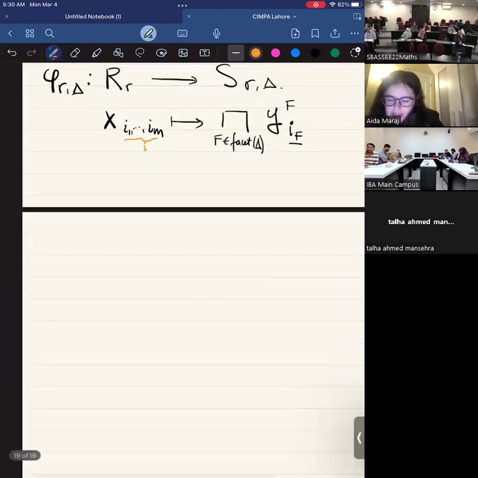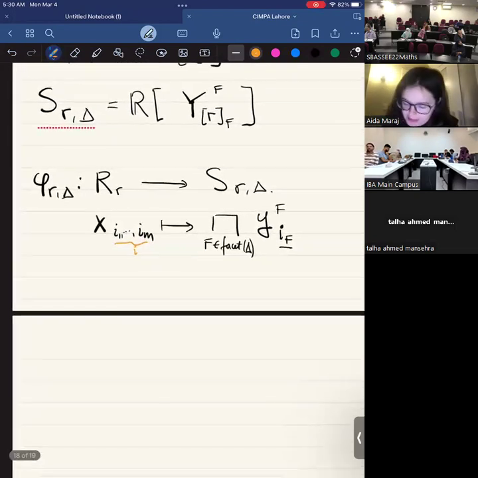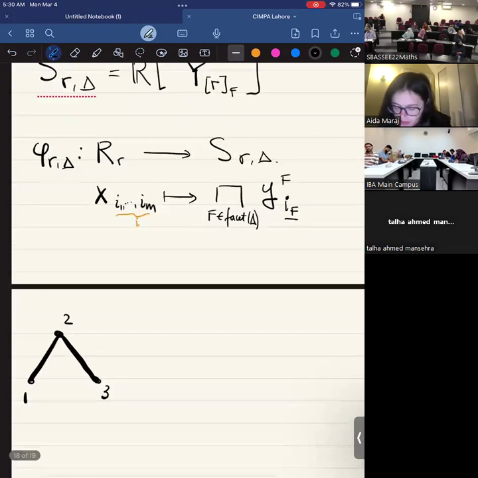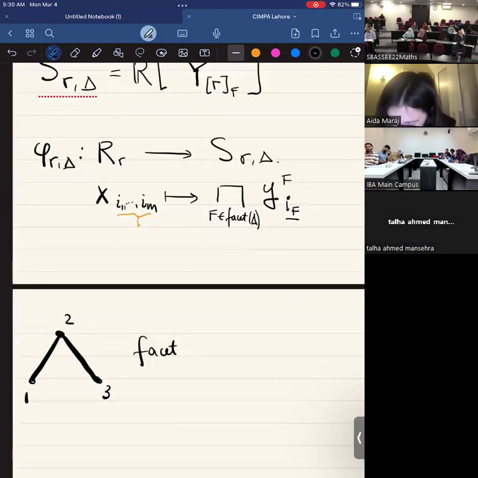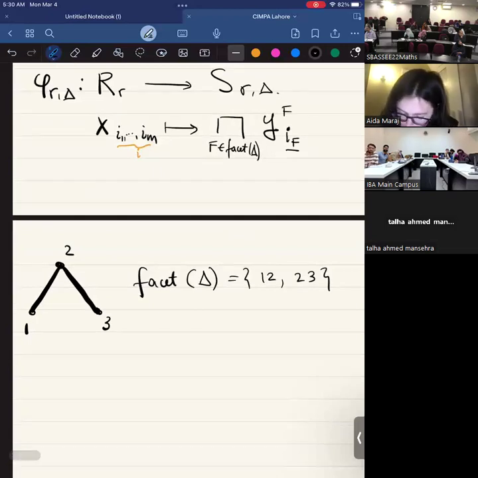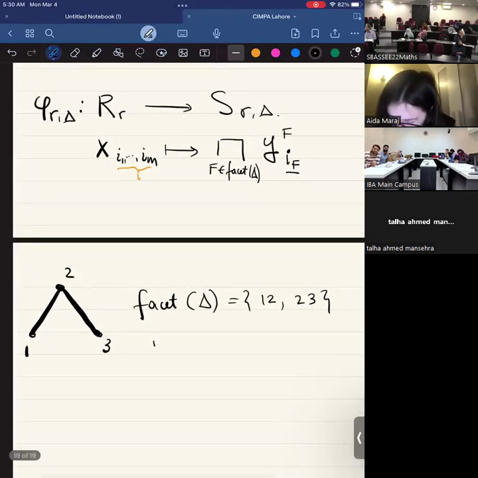So maybe if it looks kind of heavy as a definition, let's look at one example. Let's take this simplicial complex here, 1, 2, 3. The facets of this delta are {1, 2} and {2, 3}. And let's take R here to be, let's say, (2, 3, 2).